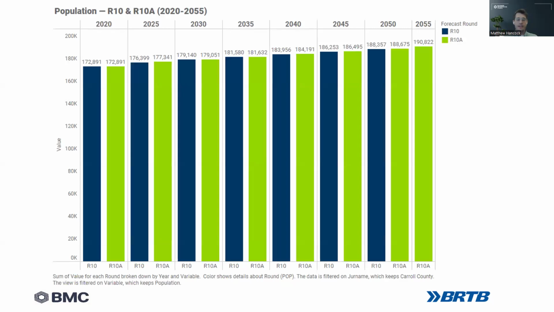Okay, for Carroll County, again, you'll see consistent growth. It is decelerating compared to round 10, but you'll see that the largest gain is going to be in that 2025 period, with it declining in between there. Round 10A population is nearly identical to round 10 across all the forecast years.